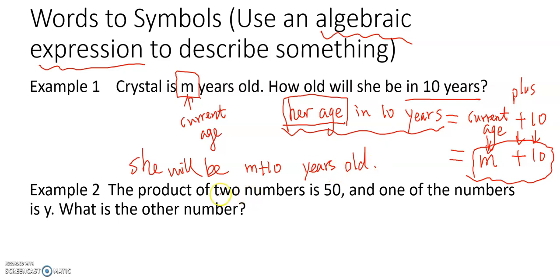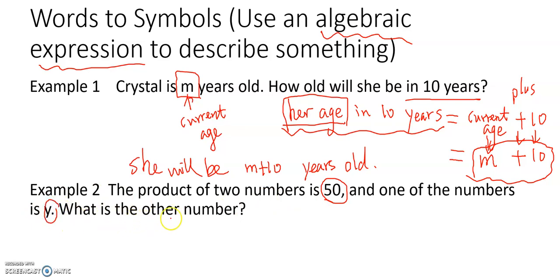Okay, now next question. The product of two numbers is 50, and one of the numbers is y. What is the other number? So again, we do know the product of these two numbers is a specific number, 50, but we don't know exactly what one of the numbers is.